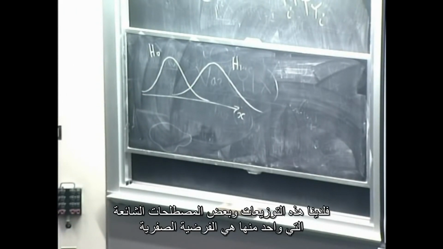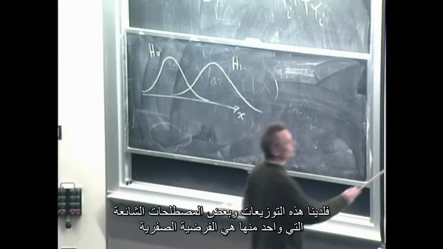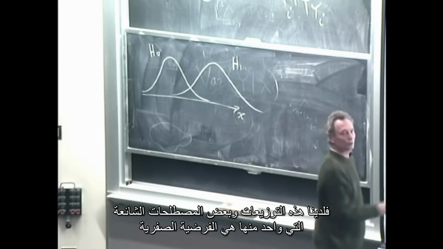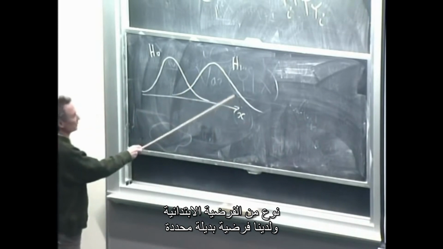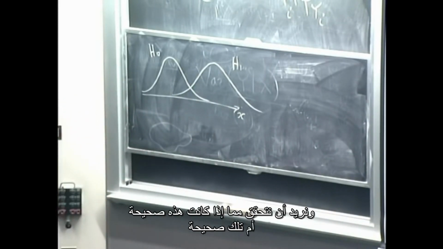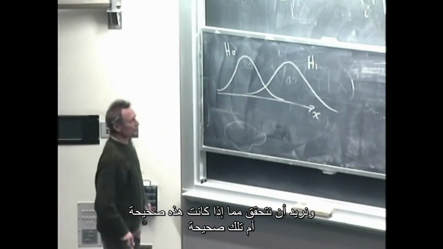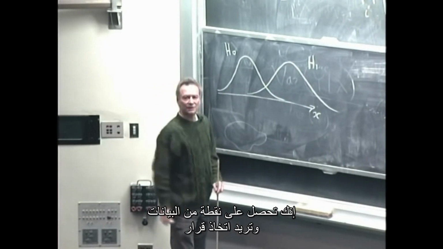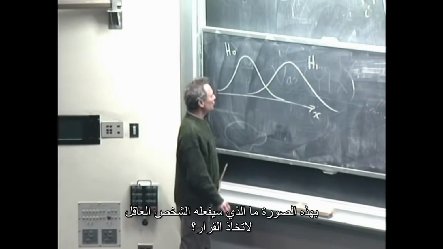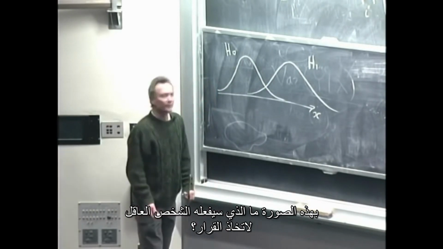So we're given those two distributions, and some common terminology is that one of them is the null hypothesis, sort of the default hypothesis, and we have some alternative hypothesis, and we want to check whether this one is true or that one is true. So you obtain a data point, and you want to make a decision. In this picture, what would a reasonable person do to make a decision?